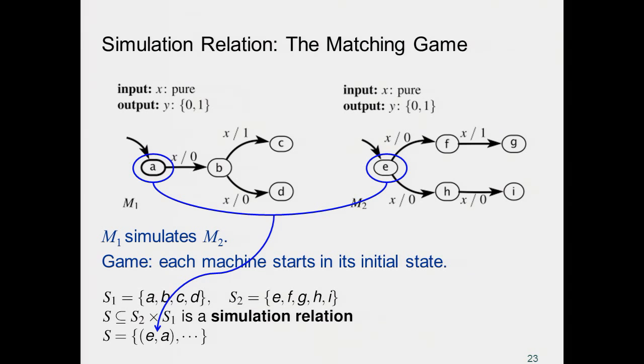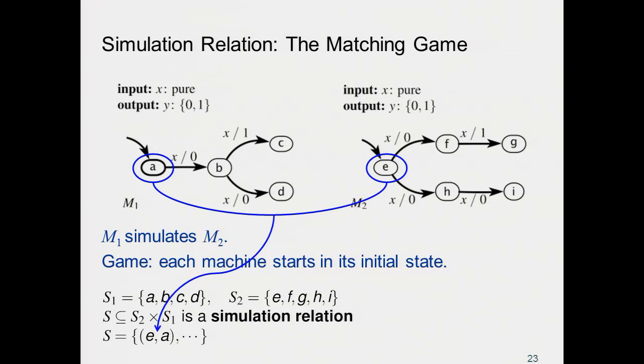Okay. So I start with E and A, right? So that's my first pair. On the machine M1, I'm in A, and on the machine M2, I am in E. So the beginning of the game. Let the game begin. Okay. So now this pairing EA of initial condition, I'm going to collect as a pair, one state in S1, one state in S2, put together.